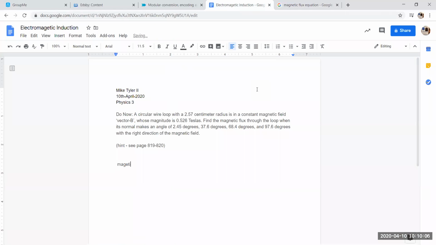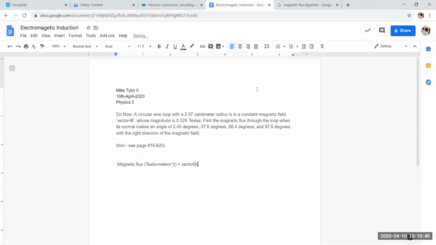So let's get involved, right? Magnetic flux is measured in Tesla meter squared. And then you have an equivalence of the B field, call this vector B. This is usually when you have a line going across the top of the B value, multiplied by, and what is that measured in?